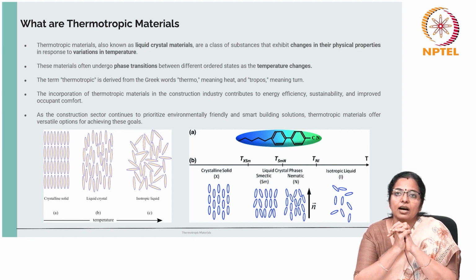These are a class of substances that exhibit changes in their physical properties in response to variations in temperature. These materials often undergo phase transitions between different ordered states as the temperature changes.